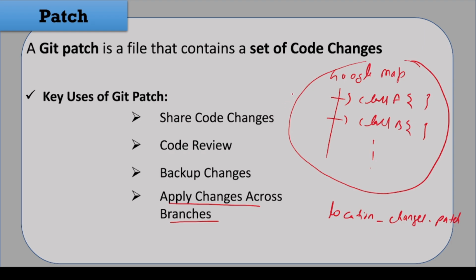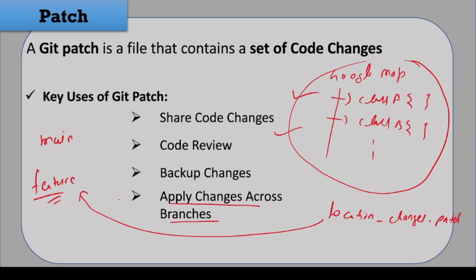Suppose you have implemented this feature in the main branch and you want to take the same changes in a feature branch. So what you can do? You can apply this patch on the feature branch. Then the feature branch will contain all the changes. Let me show you with the help of a demo, then you will get more clarity.